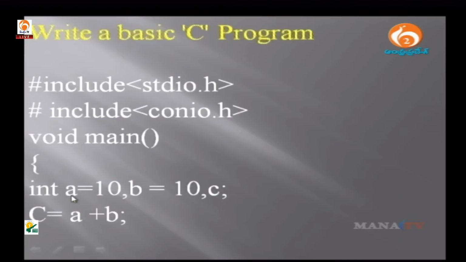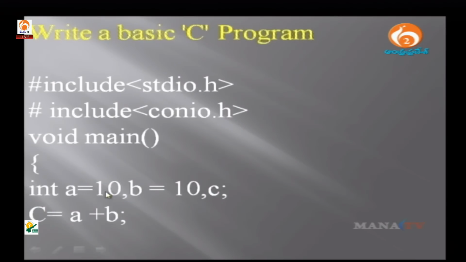Here each variable occupies 2 bytes of memory. In total we have 3 variables, so 3 times 2, that is 6 bytes of memory, is allocated for this variable declaration.